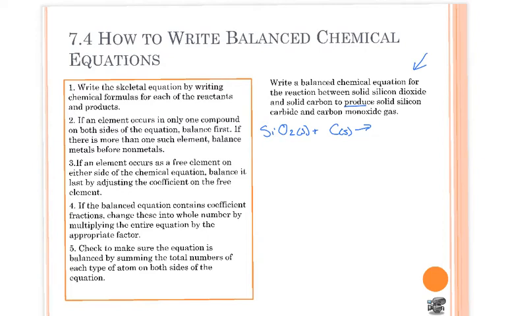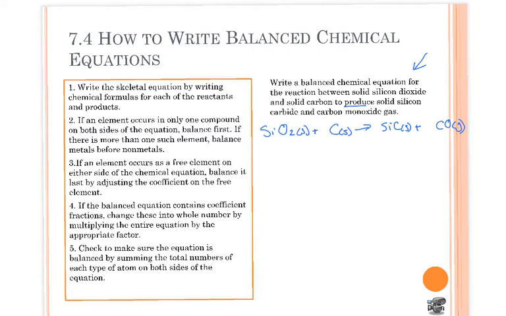And then we produce silicon carbide plus carbon monoxide gas. Okay, so the next step is if an element occurs in only one compound on both sides of the equation, then we have to balance it first.